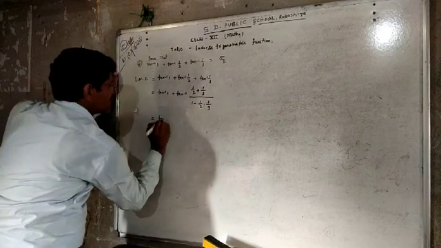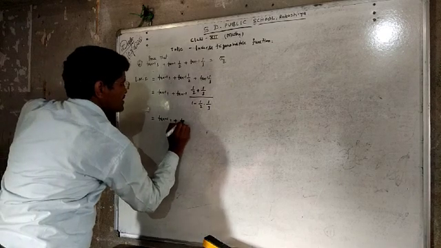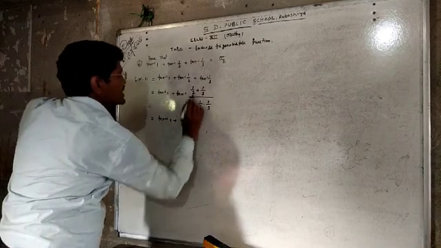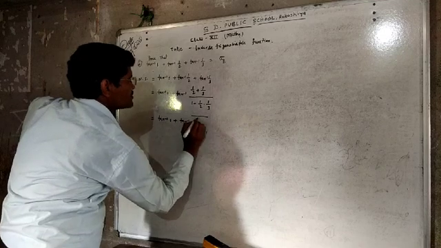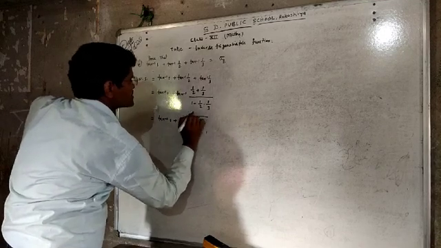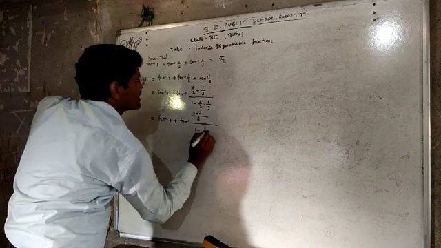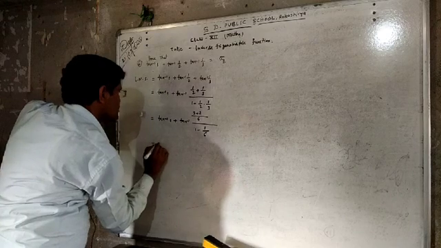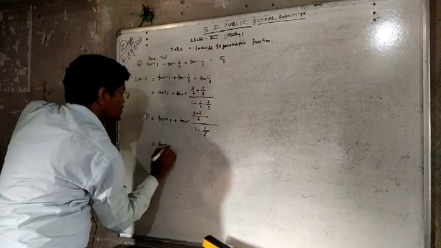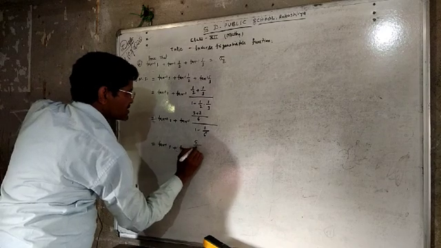It is equal to tan inverse 1 plus tan inverse of the LCM of 1 by 2 and 1 by 3. The LCM is 6, so 3 plus 2 upon 1 minus 1 by 6. It is equal to tan inverse 1 plus tan inverse 5 by 6.